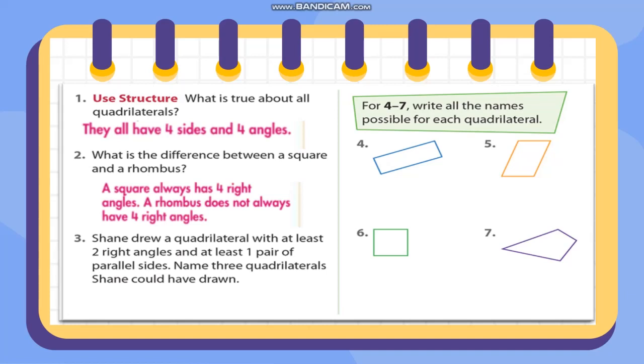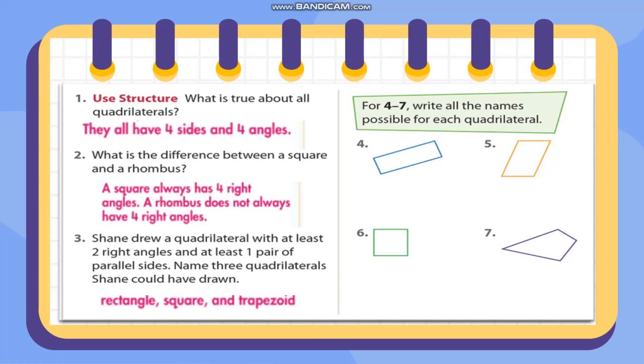Now, question number 3. Shane drew a quadrilateral with at least two right angles and at least one pair of parallel sides. Name 3 quadrilaterals Shane could have drawn. So what are the possible answers? So it should be rectangle, okay, square, and trapezoid. So those are the possible answers based on that given statement.